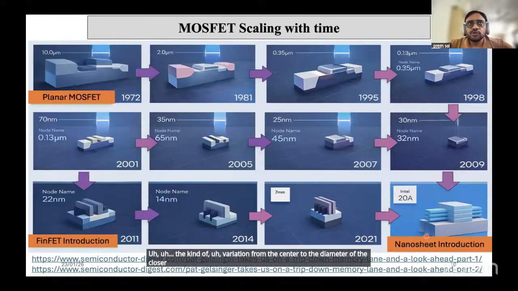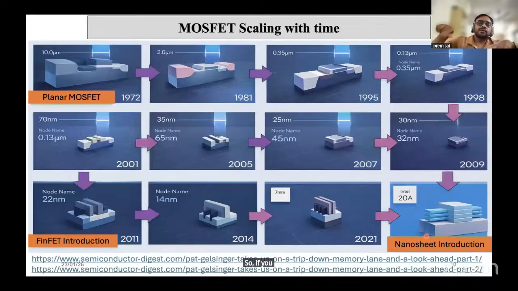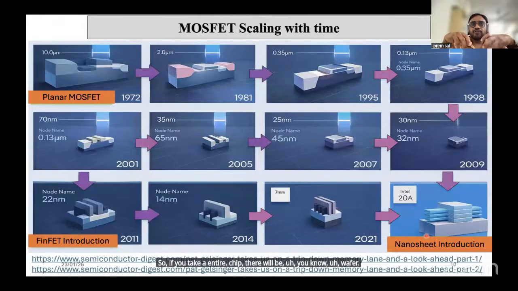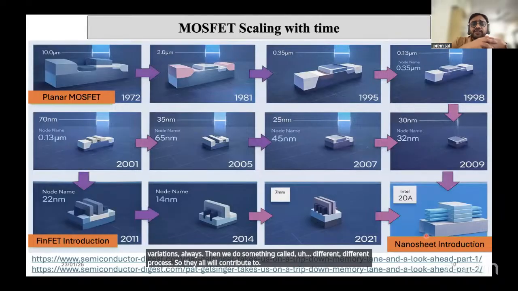In a similar way, if you take an entire chip, there will always be wafer variations. Then we do something called different processes, and they all contribute to these variations.